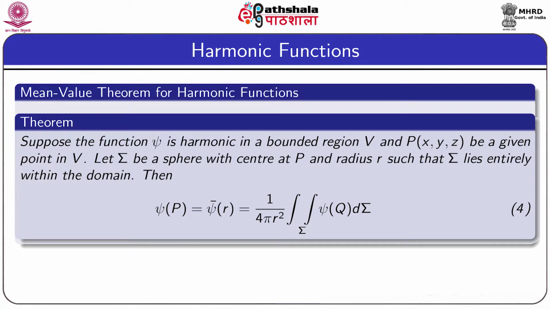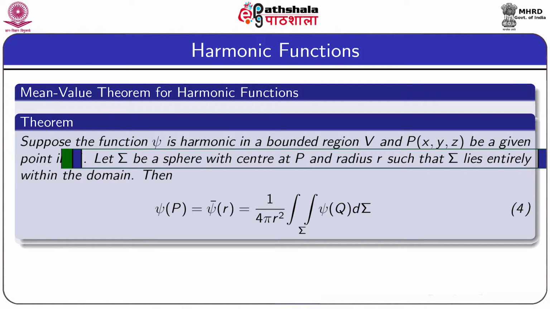Now, I shall state one important theorem, which is known as the mean value theorem for harmonic functions. This theorem states that suppose the function psi is harmonic in a bounded region V and P is a given point in V. Let sigma be a sphere with center at P and radius r, such that sigma lies entirely within the domain.